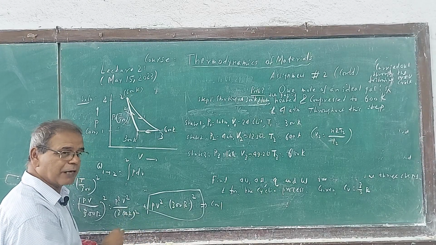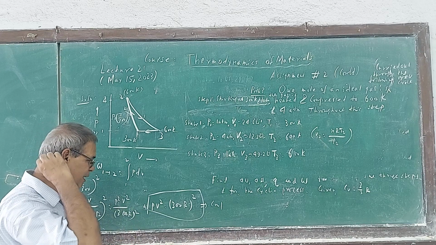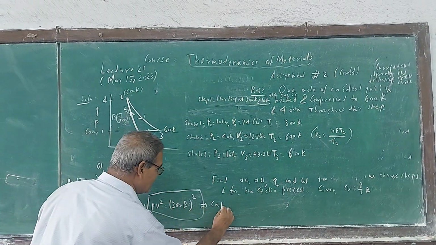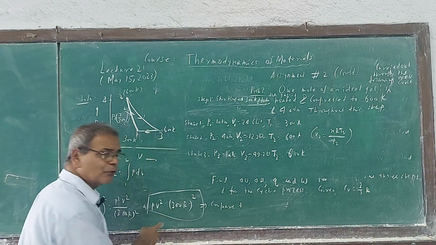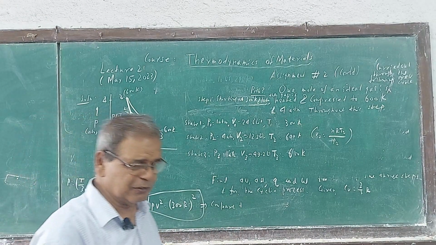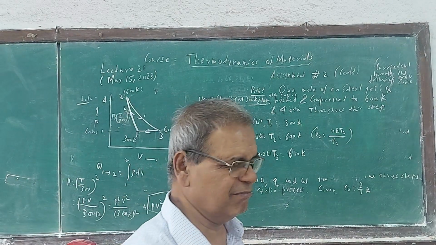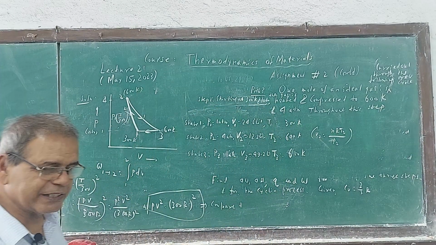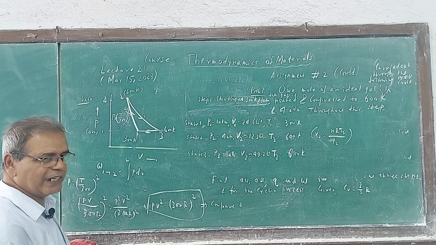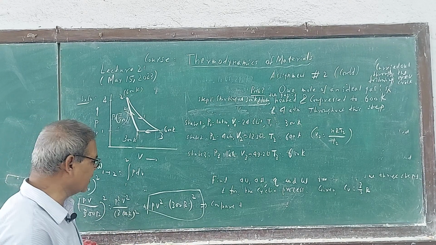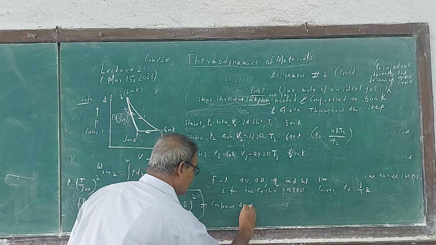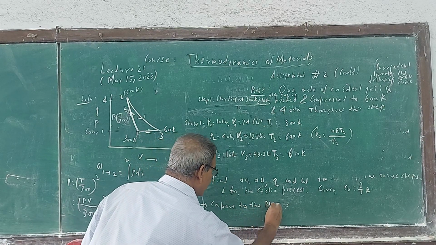How this path is performed, I will let you know next class or if time permits today. Compared to adiabatic, it is close to adiabatic only to some extent. It is a different path, but if it has any resemblance to the standard ideal paths, it has some closeness with the reversible adiabatic.